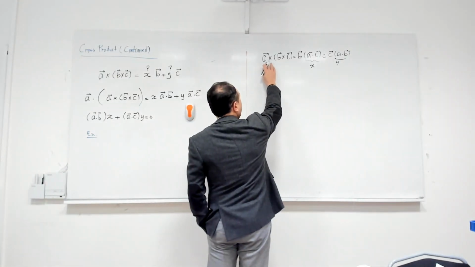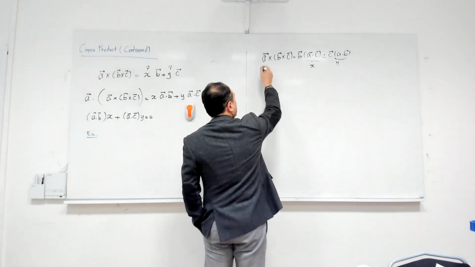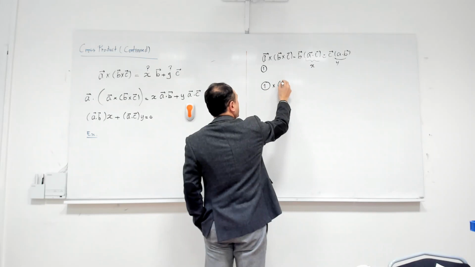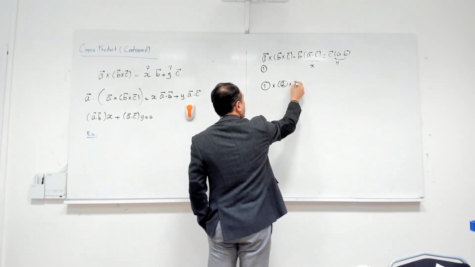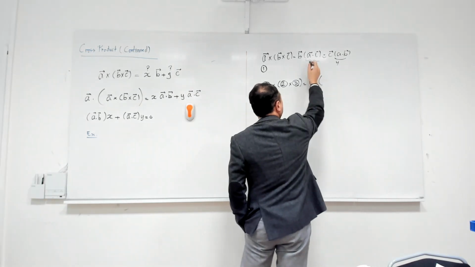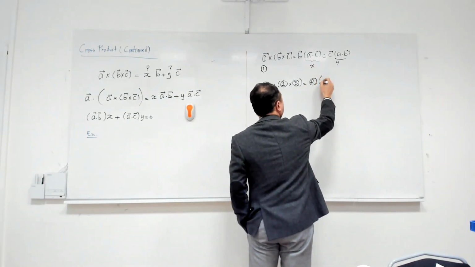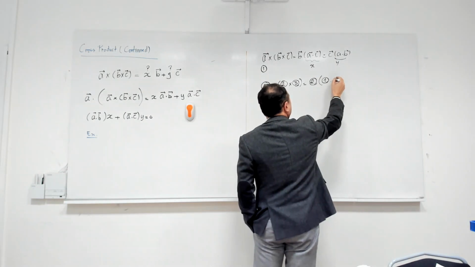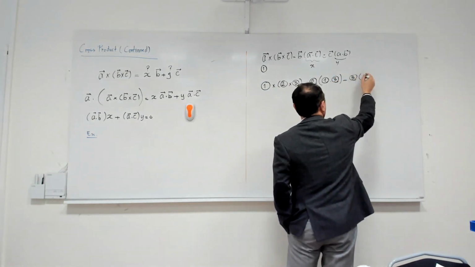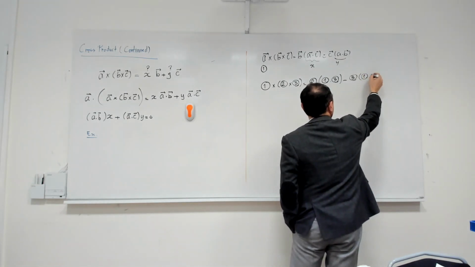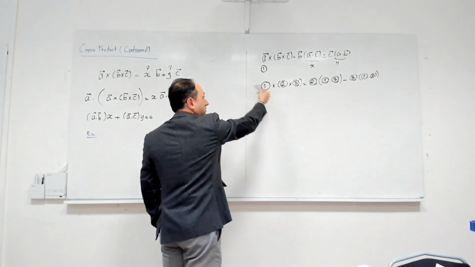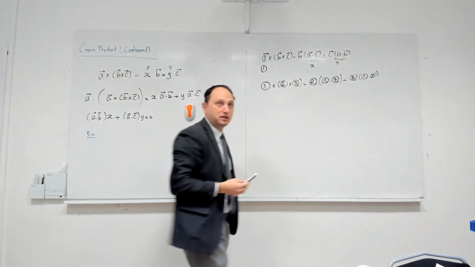So if this is A cross B cross C, this is 1, so you can write 1 cross 2 cross 3 is equal to 2 times 1 dot 3 minus 3 times 1 dot 2. Don't worry about the names. You want to memorize it, and this is the way that you have to learn that.